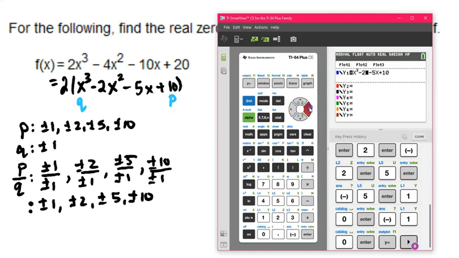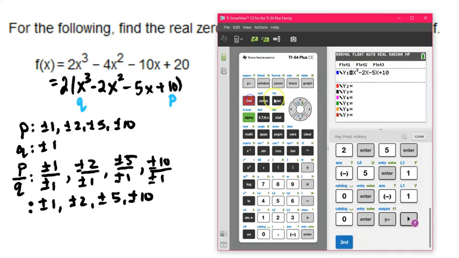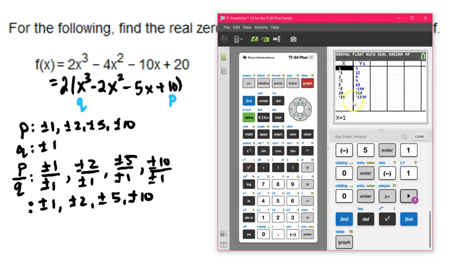Let me insert the squared there. And let's go back to my table. And now looking at the table, you can see for an x value of 2, we have a y value of 0.